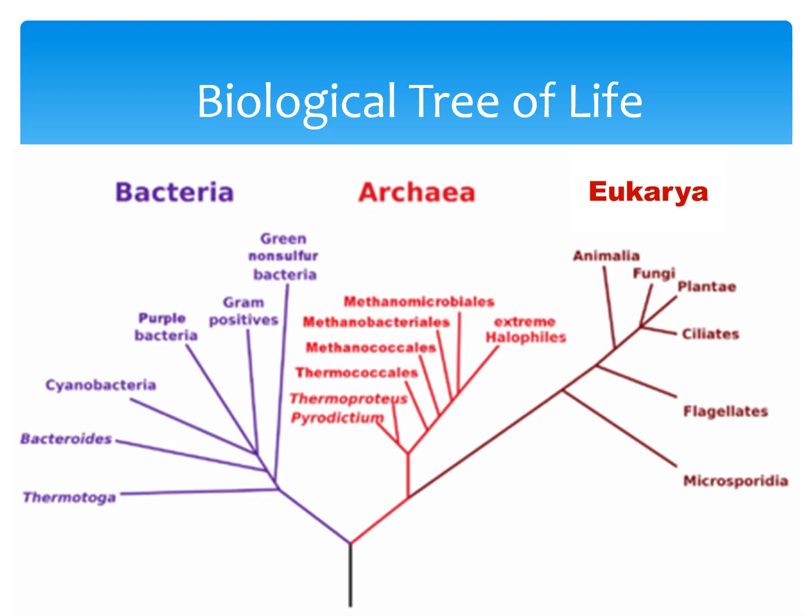Now, I do not expect you to remember all of the organisms on this tree, but I do want you to remember those three domains, and this is just a nice way to visualize the way that this tree is going to be formatted. We have bacteria on the left, archaea in the middle, and eukarya to the right.